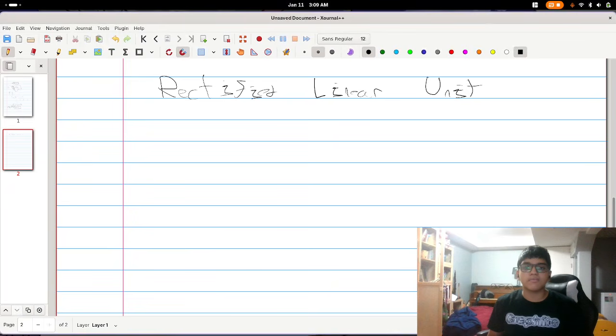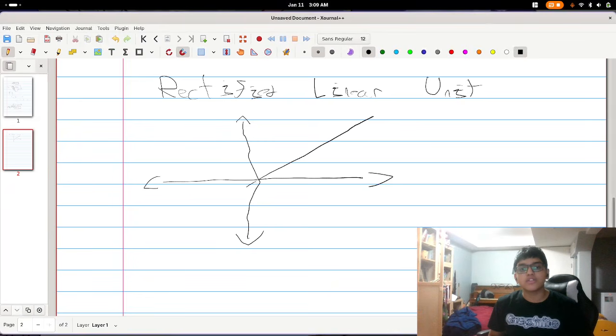So if we imagine we have a Cartesian plane, and let this be y is equal to x.